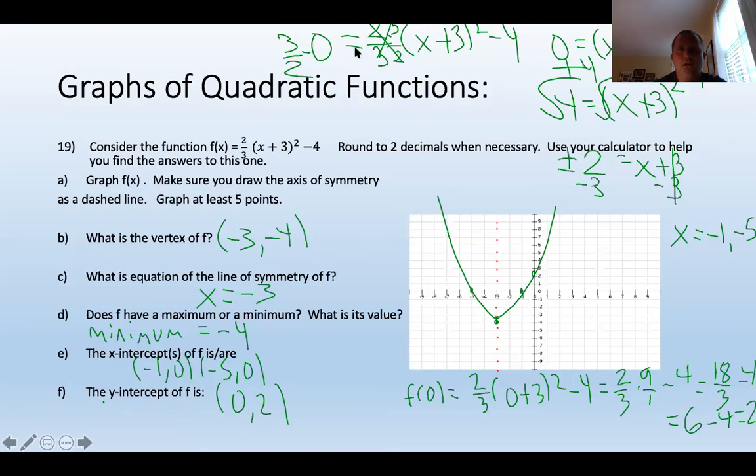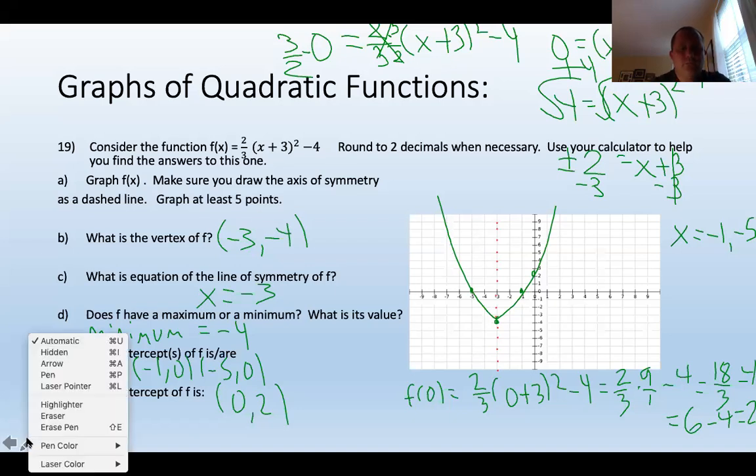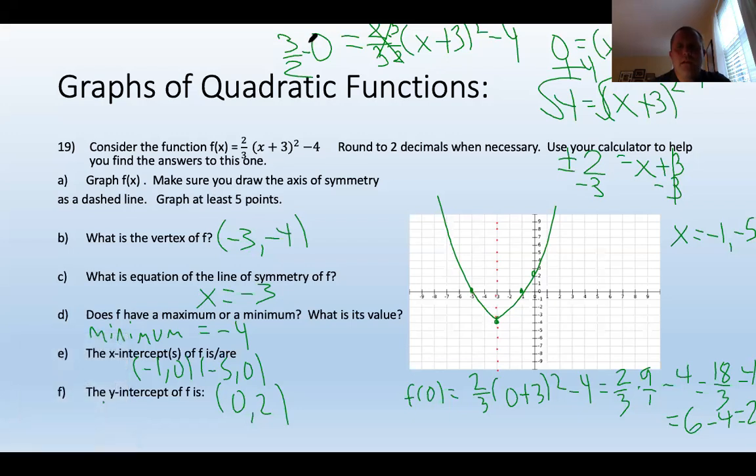All right, so there's actually a little bit of a mistake here. The first thing you would want to do is add 4 to each side.